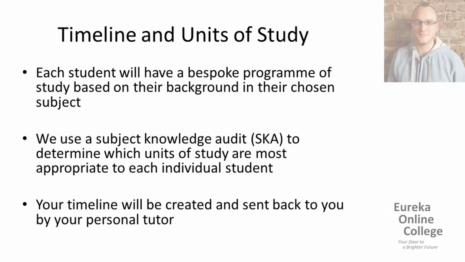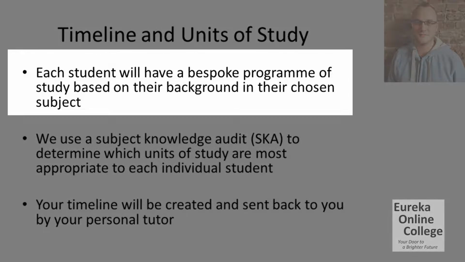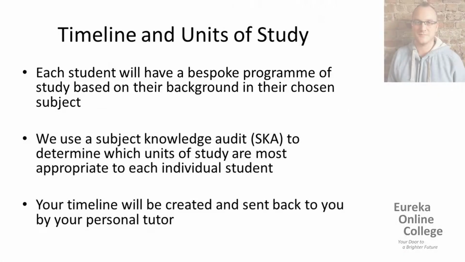So how do you know which units to study? Well, every student has a bespoke program of study based on your background in the chosen subject. We have people coming from all different backgrounds, from people who have just come out of university to people who maybe haven't looked at their chosen subject in an academic setting for 20 plus years.